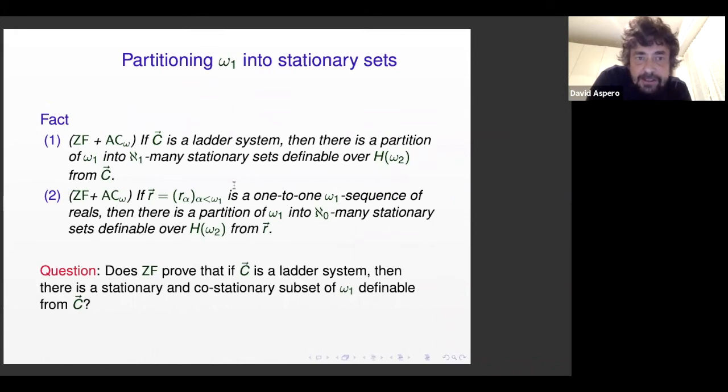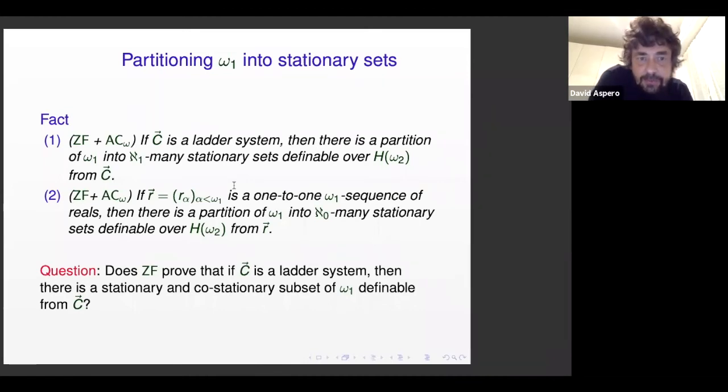It's easy to see that, by Solovay's construction, splitting omega_1 into stationary sets from a ladder system, in just ZF together with countable choice, you get that if C is a ladder system, then there's a partition of omega_1 into omega_1 many stationary sets definable from the ladder system.